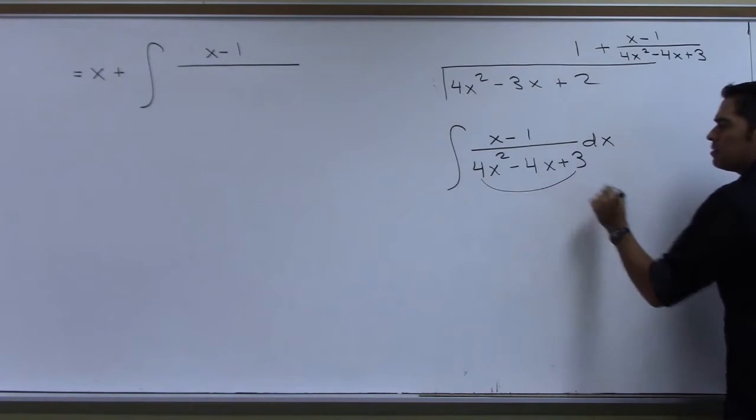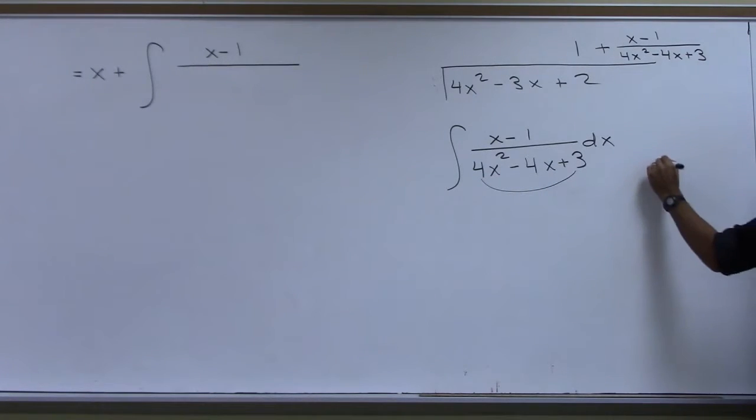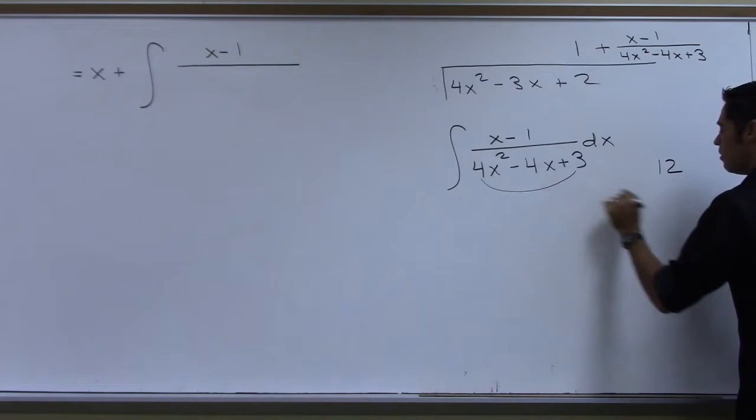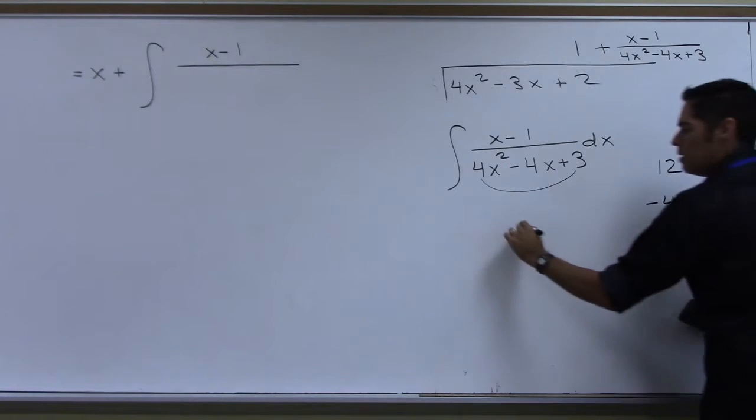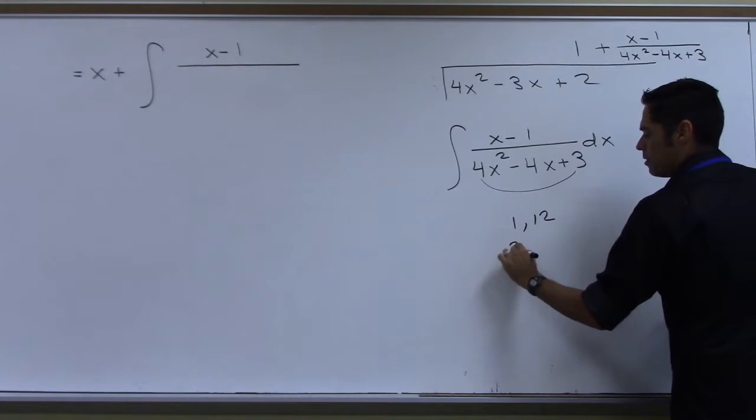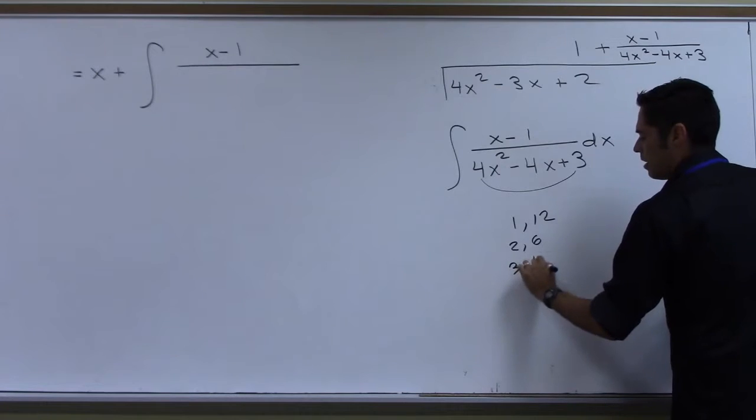So you multiply those two numbers together, right? You get 12. You look at the number in the middle, which is -4. You have to come up with two numbers that multiply to be this, but simultaneously those two numbers must add to be this. So the only two numbers that multiply to be 12 would be 1 and 12, 2 and 6, 3 and 4.